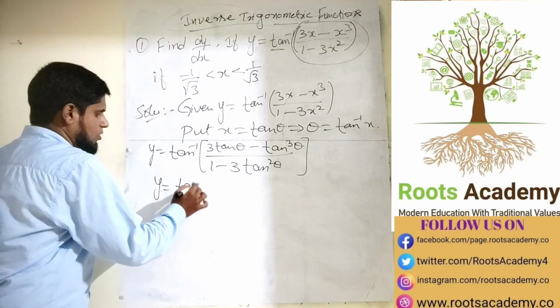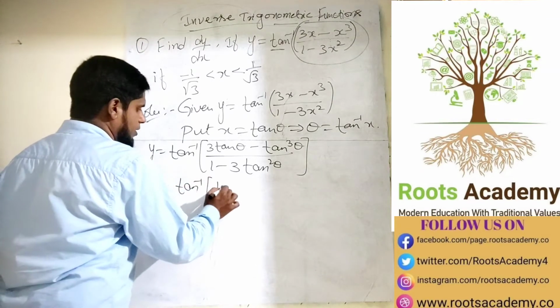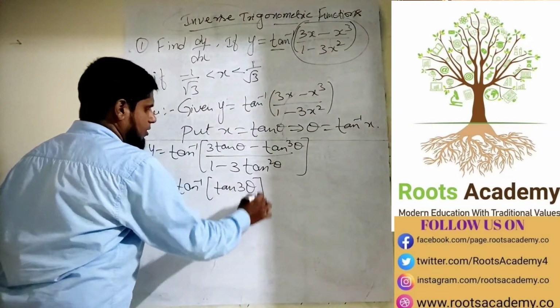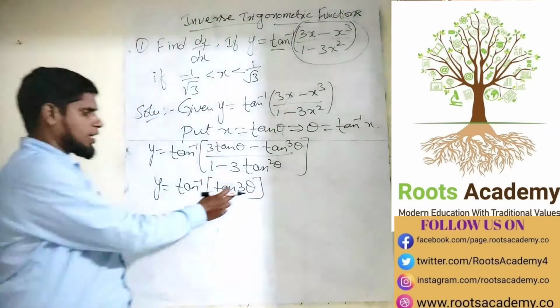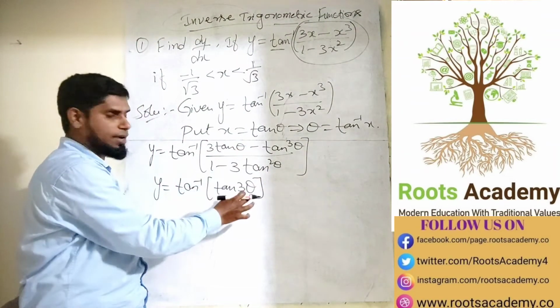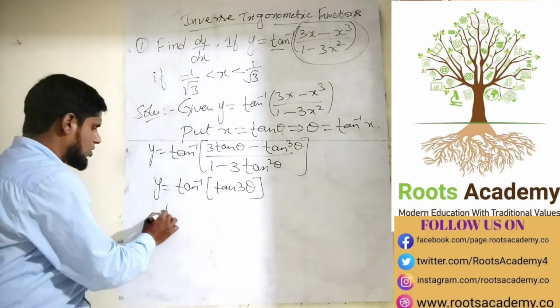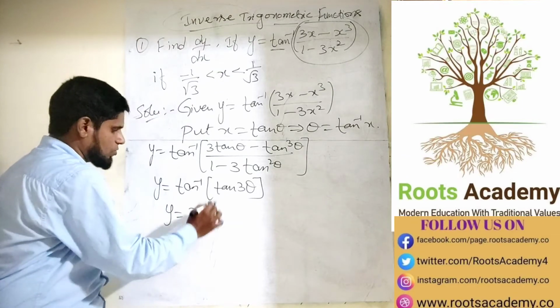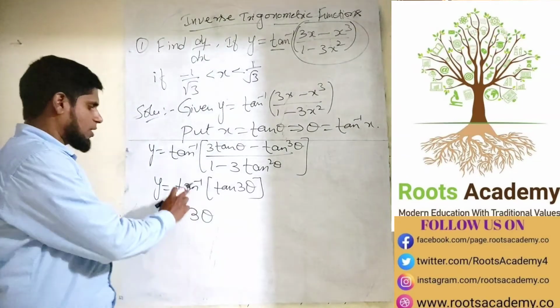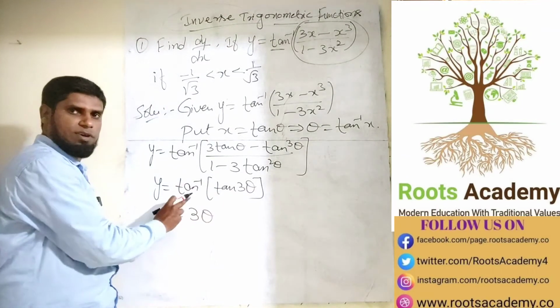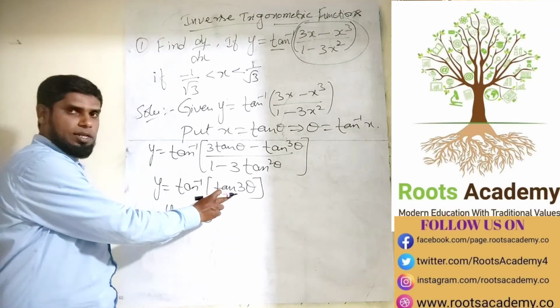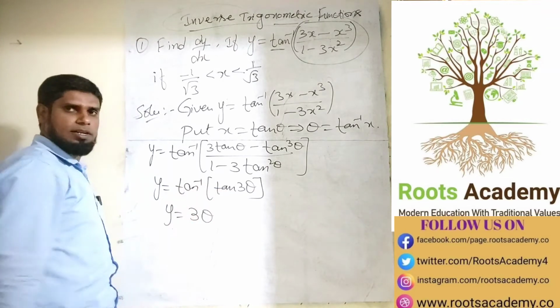So y equals tan inverse of tan 3 theta, and this is the exact form of tan 3 theta. Now tan inverse and tan get cancelled, so we get y equals 3 theta, because a function and its inverse function come together and both get cancelled.